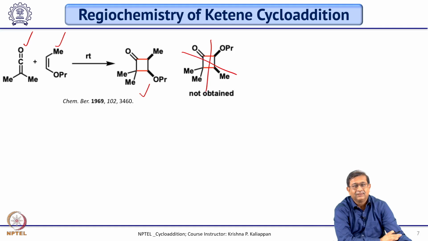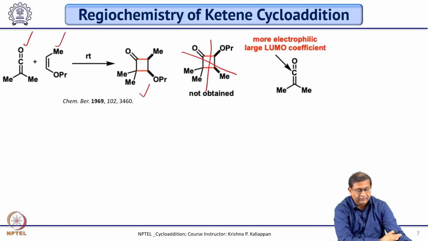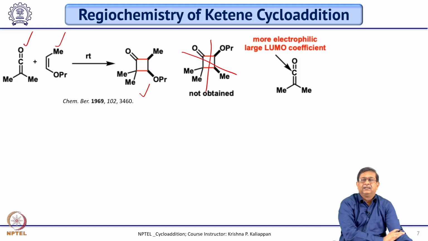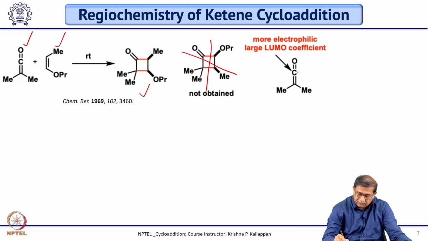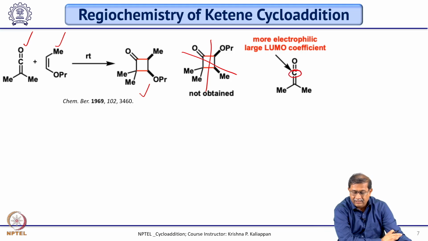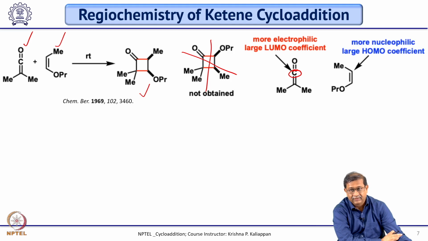So, why do you get only this isomer? If you look at the HOMO and LUMO of your two alkenes, in the case of ketene, this particular carbon is more electrophilic because it has the large LUMO coefficient.